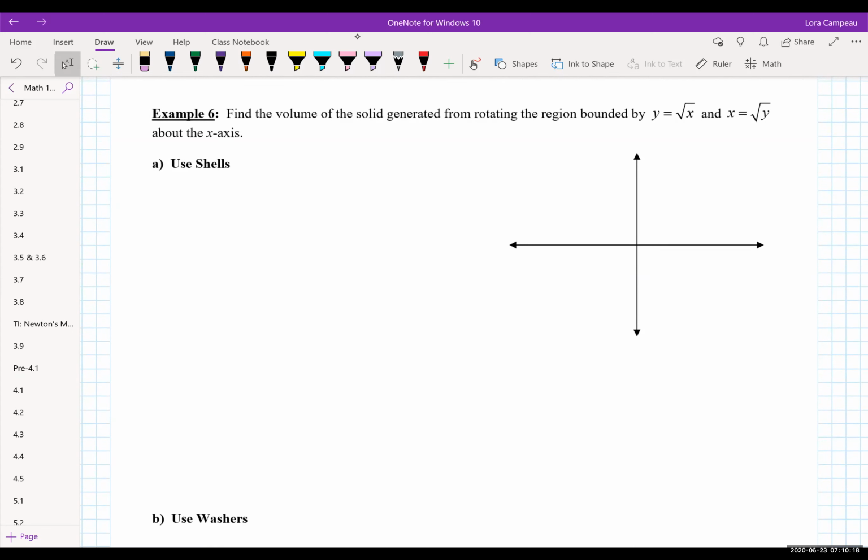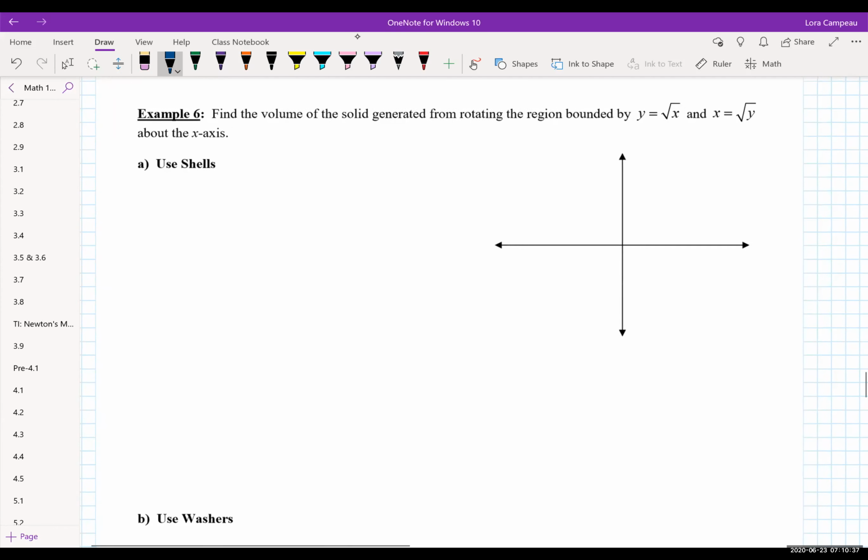We've actually, I believe, done something like this already in 5.2, but it's not bad to help ourselves. If I want to rotate the region bounded by y equals square root of x, and then x equals square root of y, I do know from our past experiences, I'm going to explode this a bit.